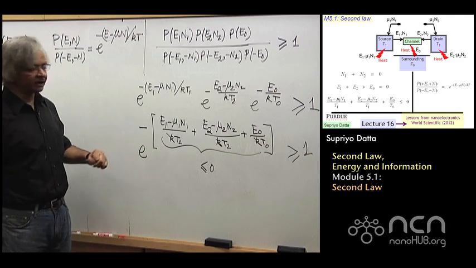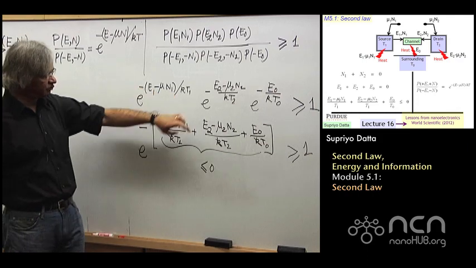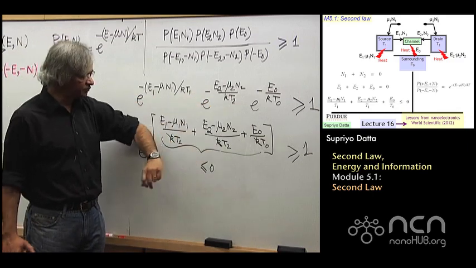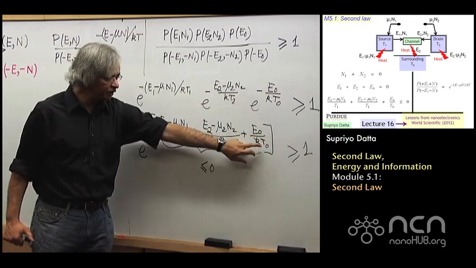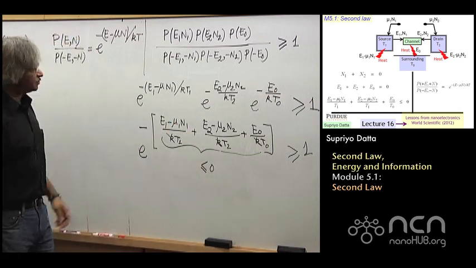I said that the second law says that the heat you take from one contact divided by temperature 1, heat you take from another divided by temperature 2, heat you take from the third one divided by temperature 0, all that must be less than or equal to 0.